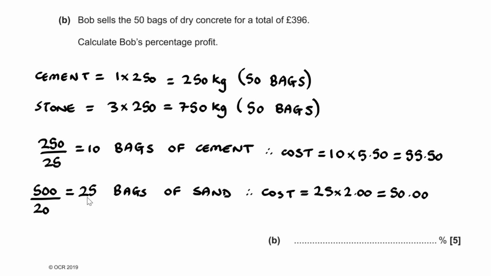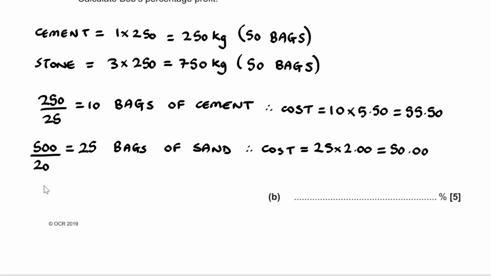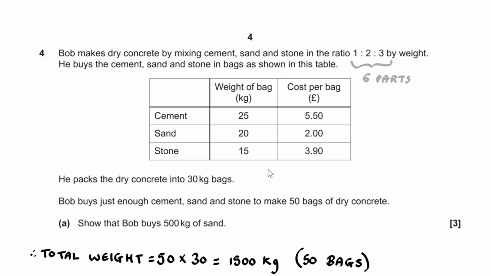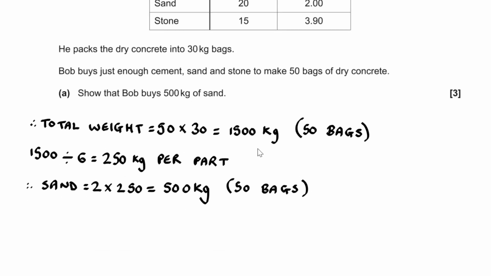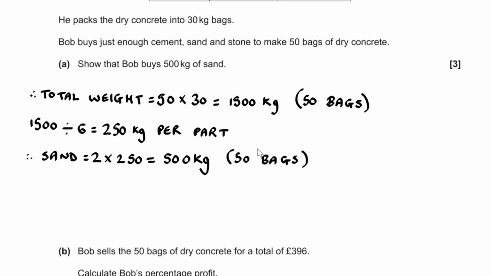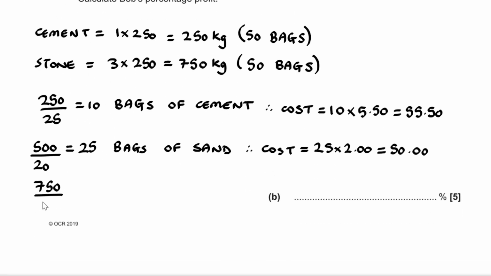And therefore for the stone we'd have 750 divided by the 15. So 750 divided by 15, that's 50. So we require 50 bags of stone.